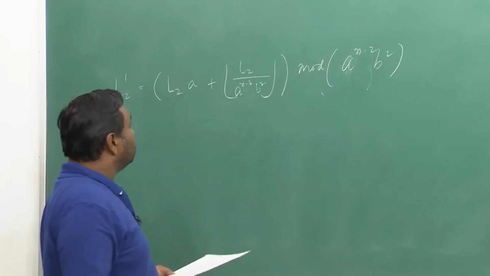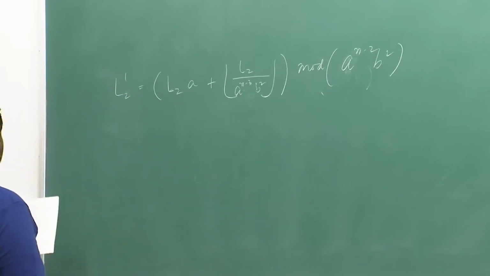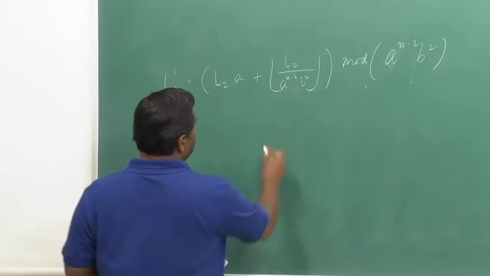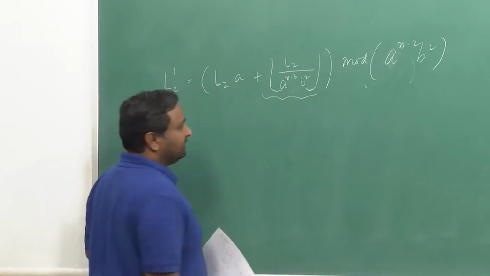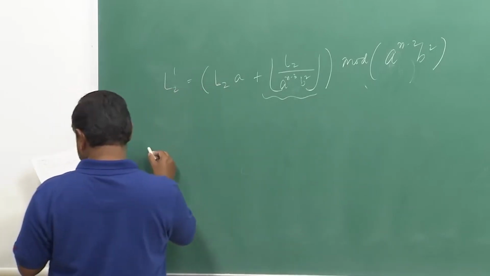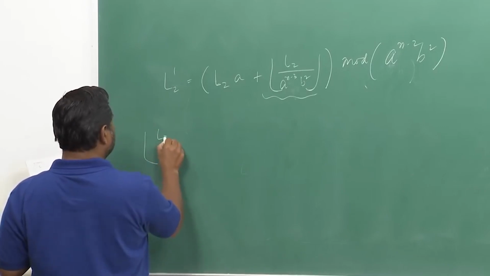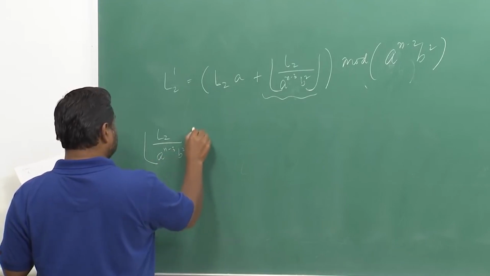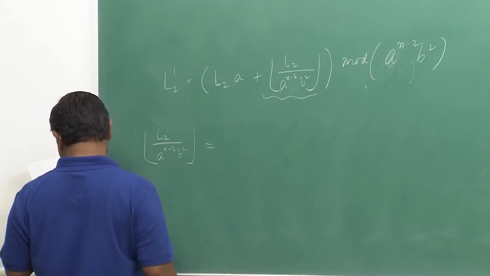Okay. So, we can actually do the similar exercise. So, now let us look at this particular factor as usual as we did last time. So, we will have L2 divided by A raised power n minus 3 B square with floor function.